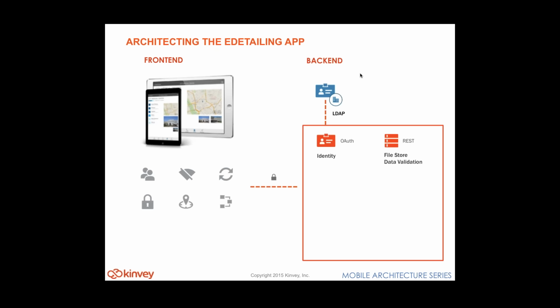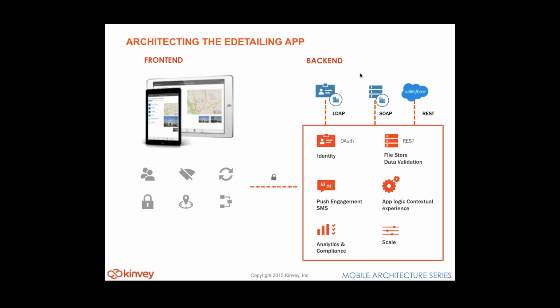For their file store, they needed a REST interface that also talked to a SOAP API, and also connected via REST to their Salesforce that they already had. They wanted to be able to utilize push notifications and SMS. They wanted their experience to be contextual, so they had a big need for having logic that lived on the back end. And they had to ensure there was compliance and be able to scale.